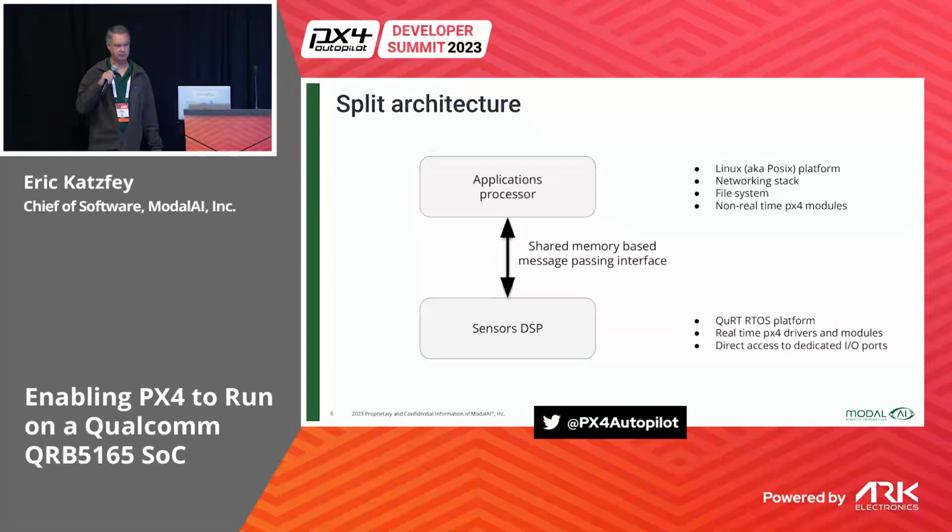And then for the sensors DSP, you'll notice there's a platform in there called QURT. That stands for Qualcomm Real Time. That's their RTOS that they run on the DSP. So that is a whole new platform in the platforms directory in PX4, specifically for that DSP.